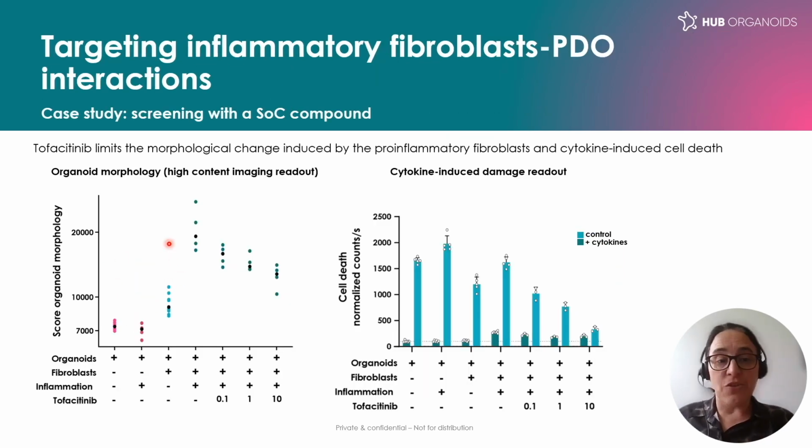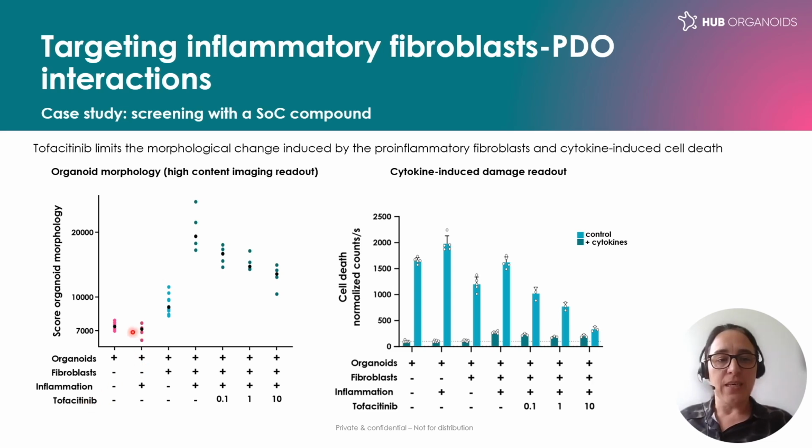And what is also quite interesting is that in this assay, we can also evaluate the activity of certain compounds. Again, we are using tofacitinib as a standard-of-care available treatment for IBD.